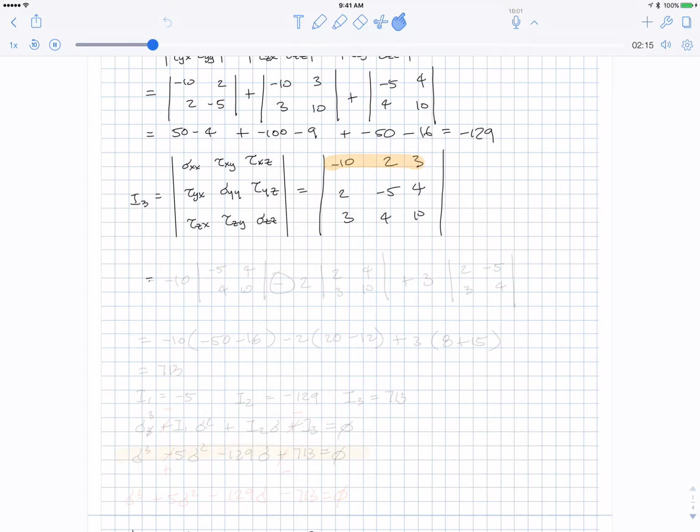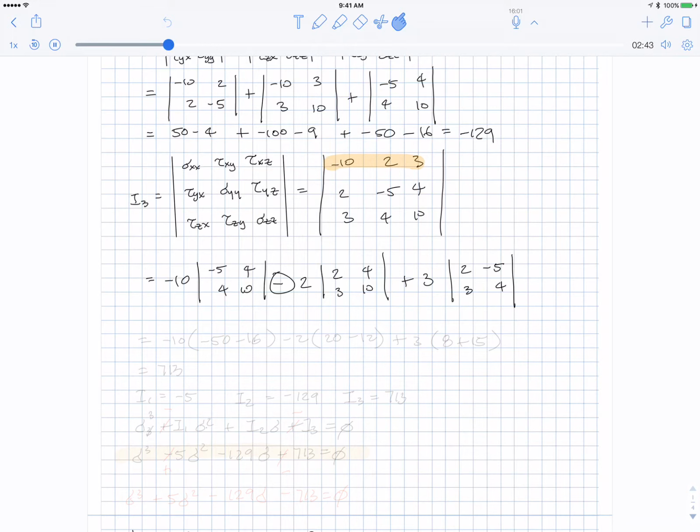So it's minus 10 times the determinant of this, minus 2 times the determinant of what's left over when you cross out the row and column of 2, and then plus 3 times the determinant of this.